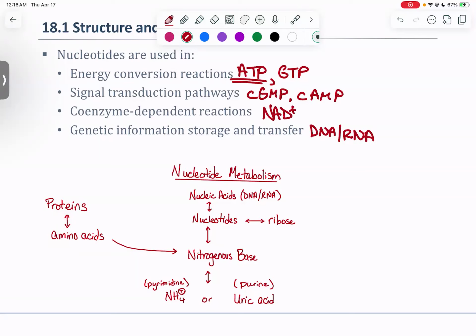We've just been calling it NAD plus, but they actually have names. FAD, flavin adenine dinucleotide. So it's still the adenine and it's a dinucleotide. Coenzyme A is another example, and we'll talk about them pretty extensively.